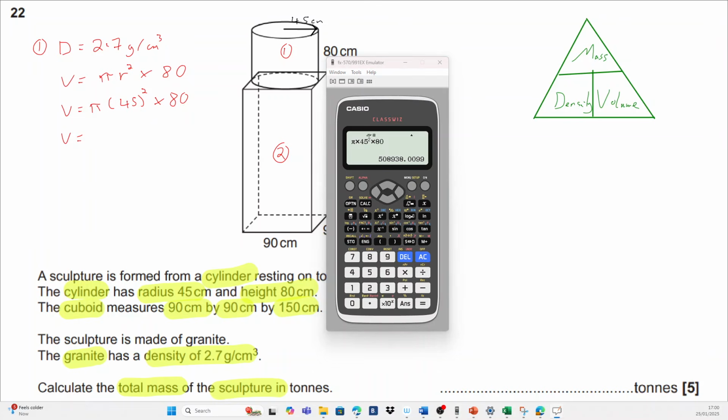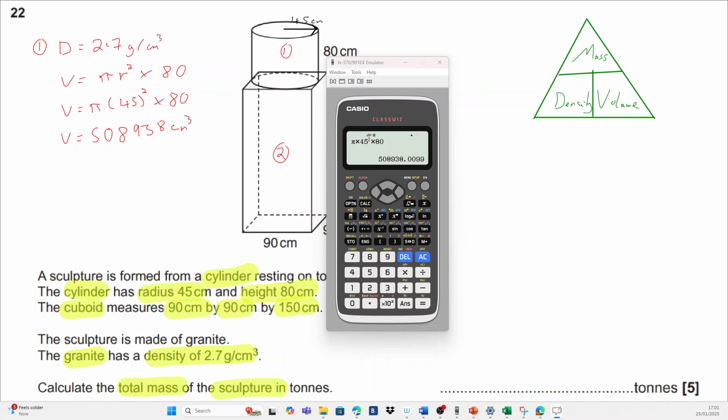But you're going to see later we've probably got to convert it into a different unit, but we'll just go through with this. So 508,938. I'm going to leave it as that because you've got a lot of zeros there, so that's fine. That's the volume in centimeters cubed.